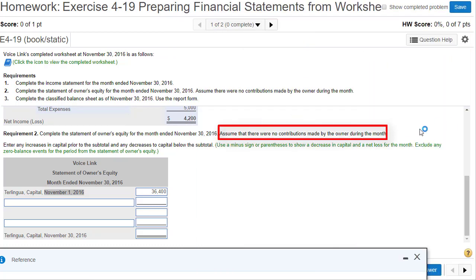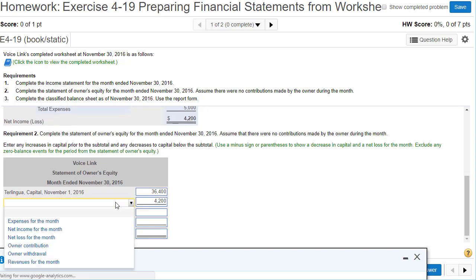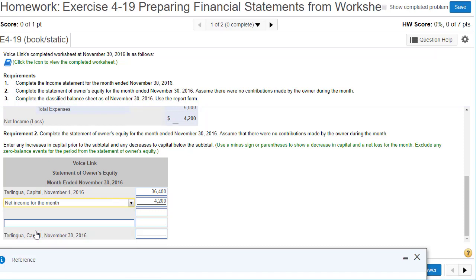So for investments, remember investments are also known as owner contributions. There were no contributions, so we're going to skip that. So the next thing is we take our net income from up here and we add that. And we get our subtotal of $40,600 by adding these 2.